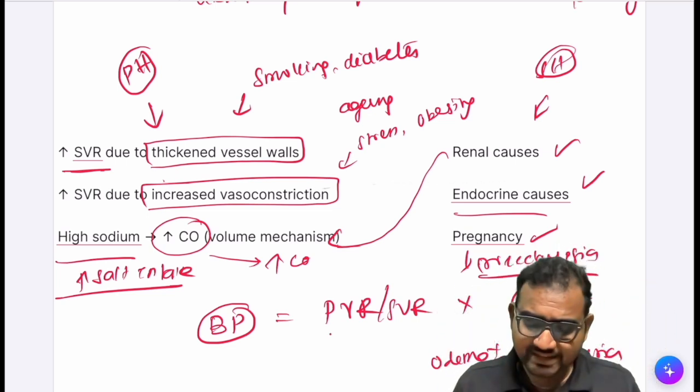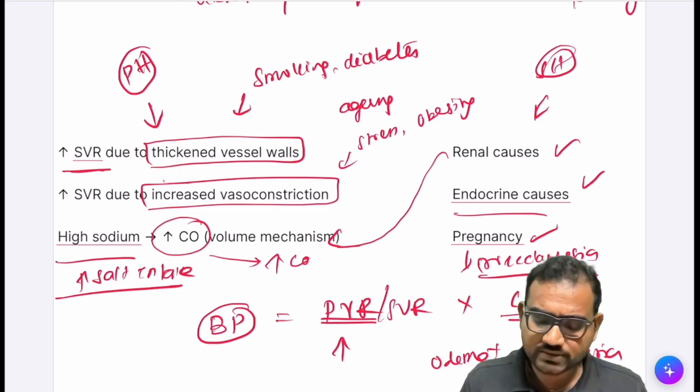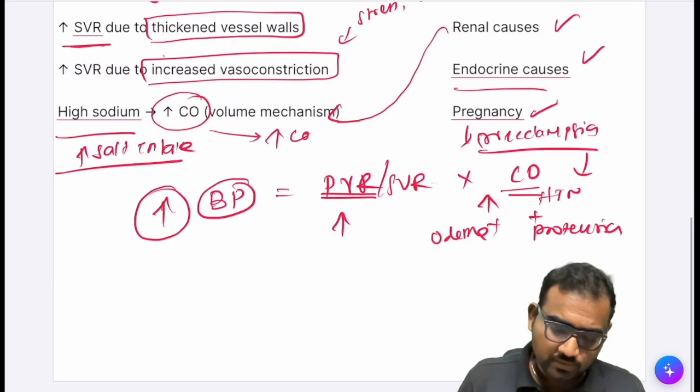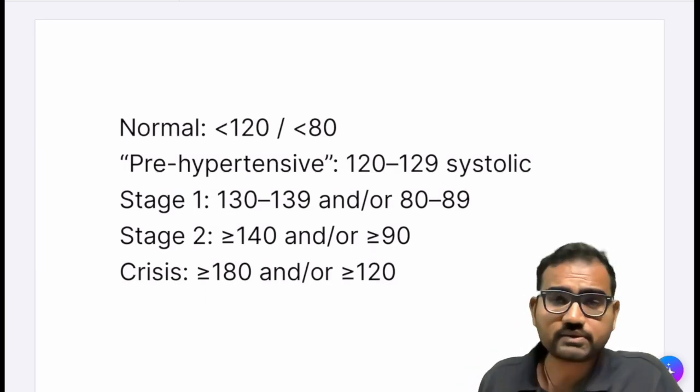So blood pressure is basically peripheral vascular resistance into cardiac output. When peripheral vascular resistance is more and the cardiac output is more, then the BP is obviously going to be more.